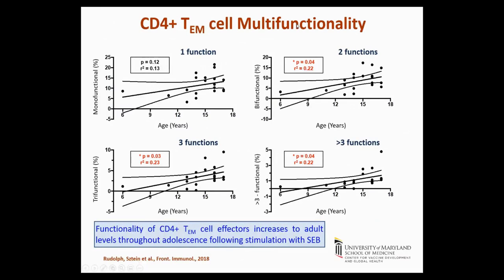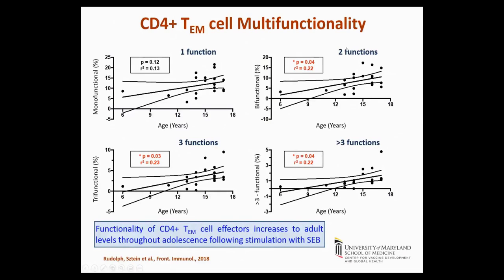Also, extremely important is that we study T-cell multifunctionality, that is the ability of cells to produce more than one function, for example, interferon gamma and TNF-alpha production together with IL-17 or other functions. And what we can see is that as the children age, there is really not much difference when you look at monofunctional T-cells.